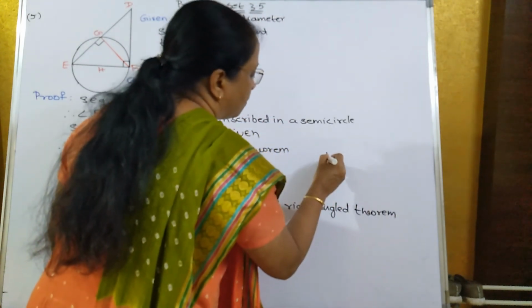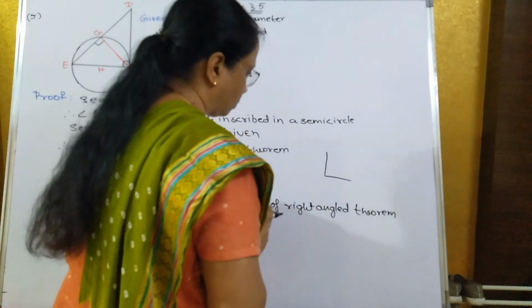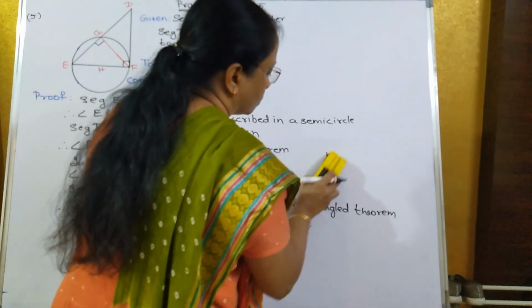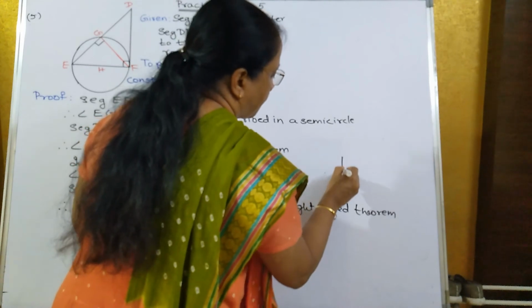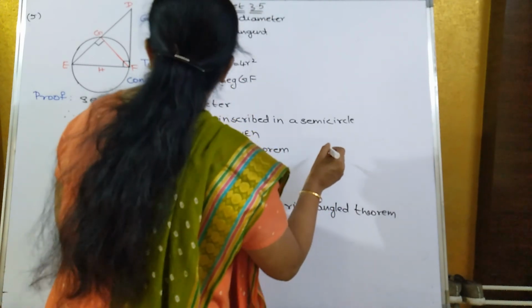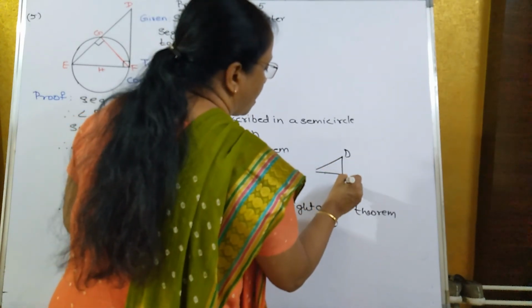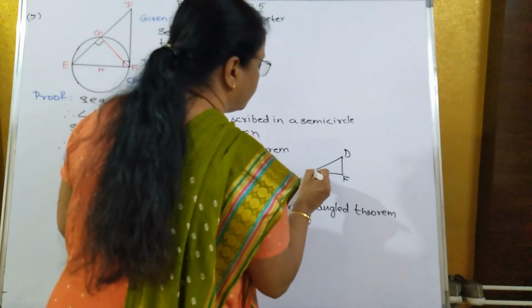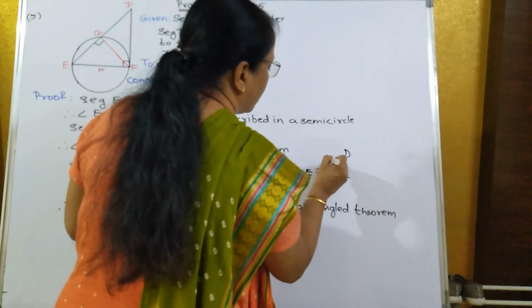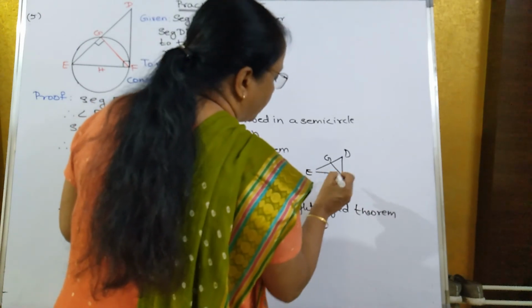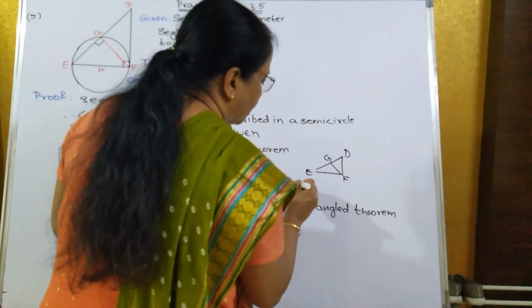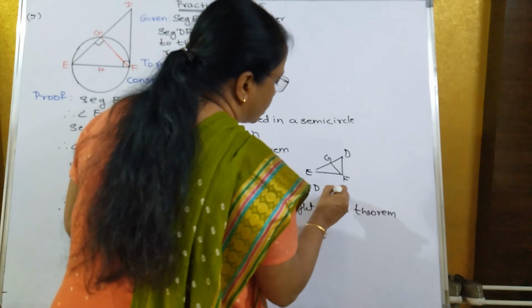That is, if it is a right angle, that is angle DFE, and this is perpendicular GF, then triangle EFD is similar to triangle EGF.